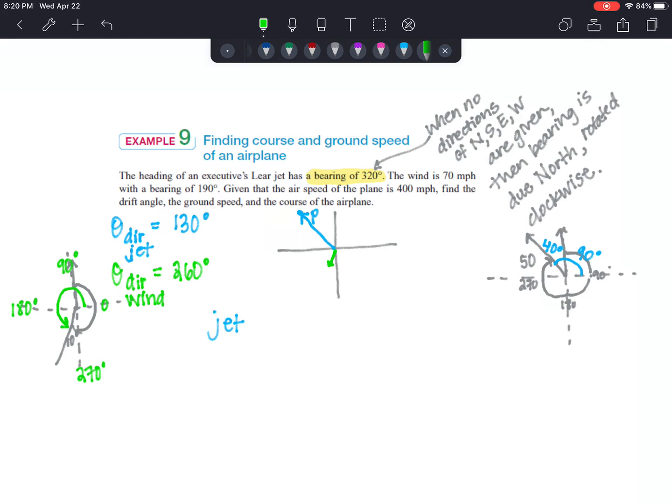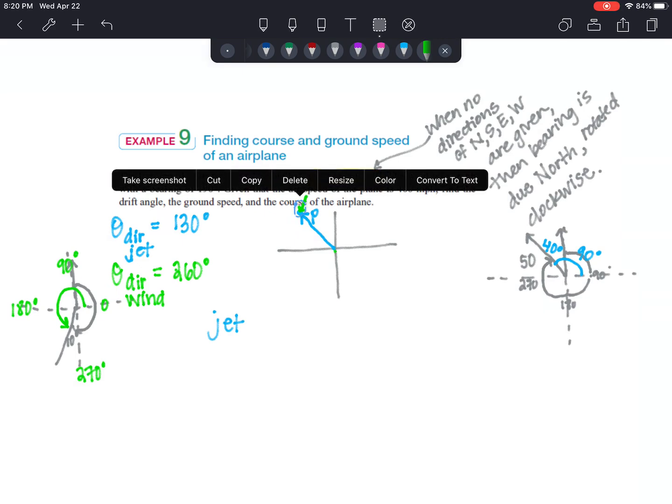That's our wind. If I take that wind and move it over here, because location doesn't matter, you can see that what it's going to do to that plane is push the direction of that plane more towards the west.